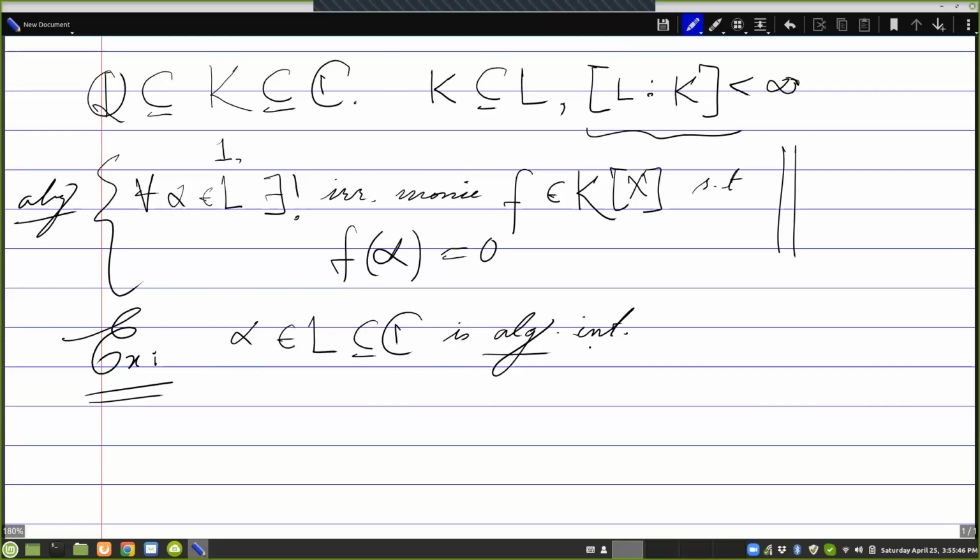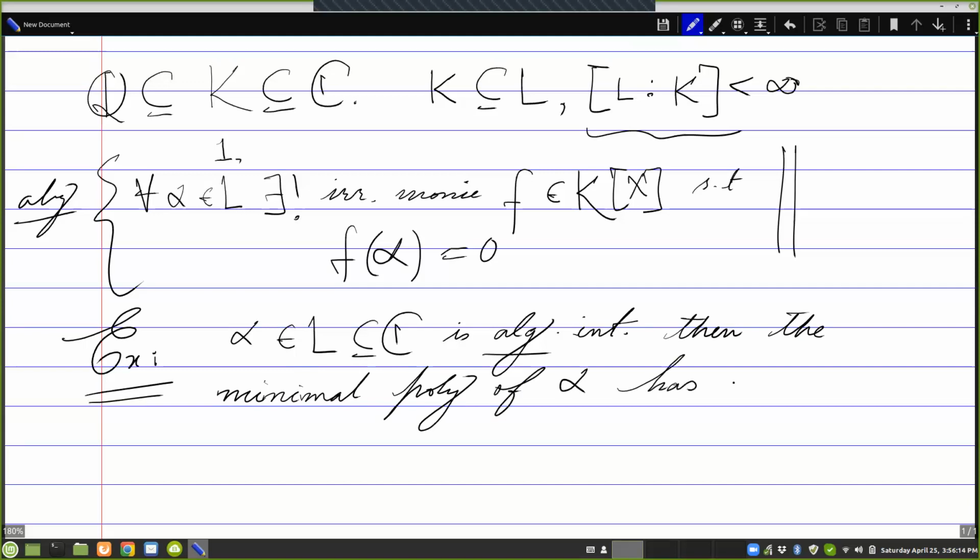Now what I want to say is about the minimal polynomial of alpha. If alpha is an algebraic integer, then the minimal polynomial of alpha has coefficients from Z.